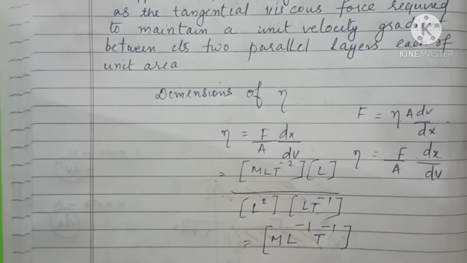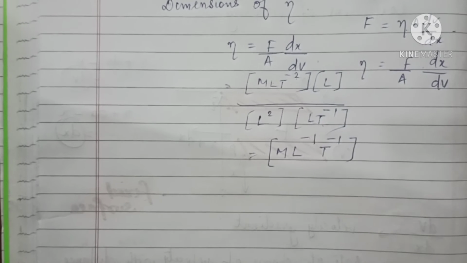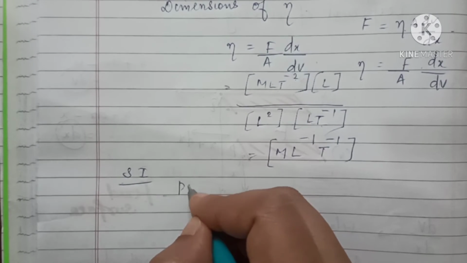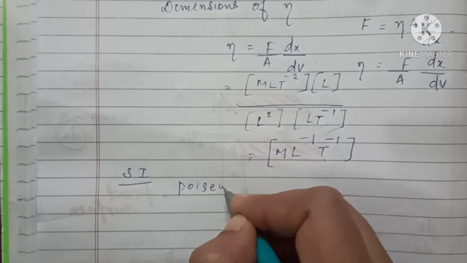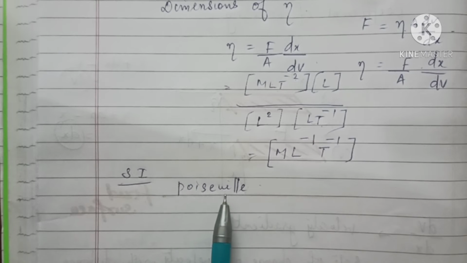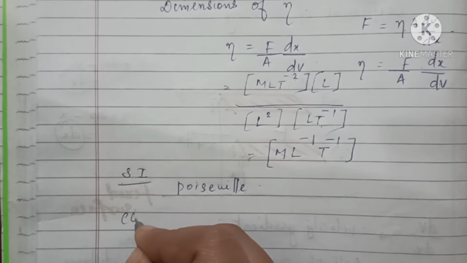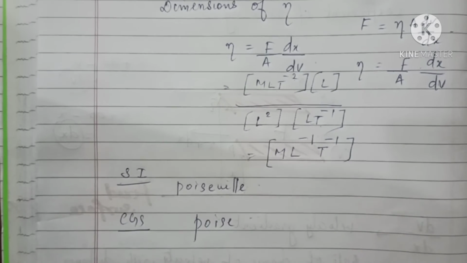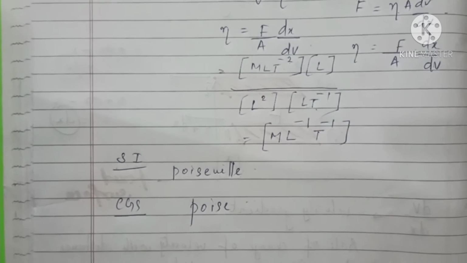Understand? Now about the units. First of all, the SI unit is Poiseuille. Poiseuille, the SI unit of eta. Now the second, the CGS unit, is poise.